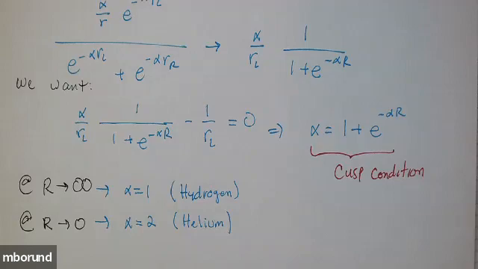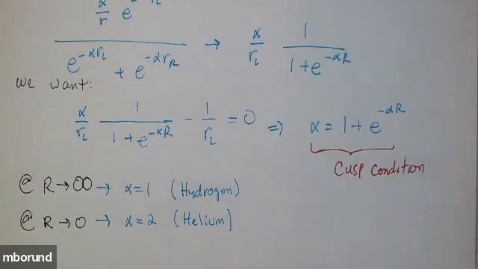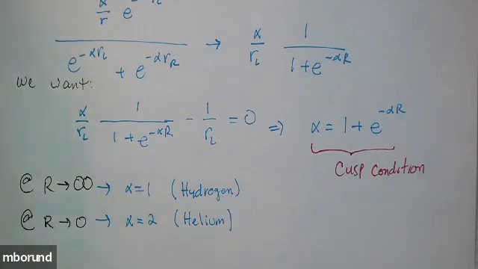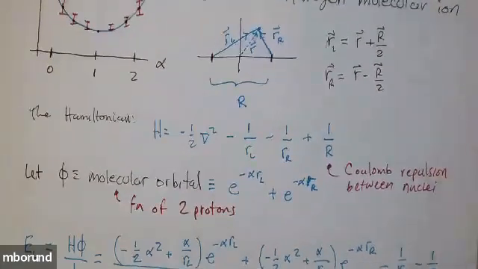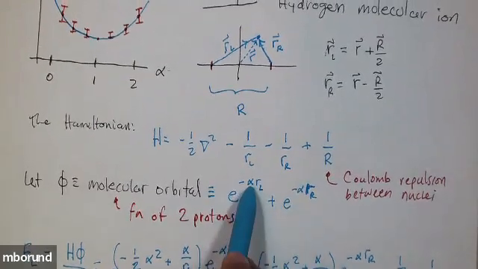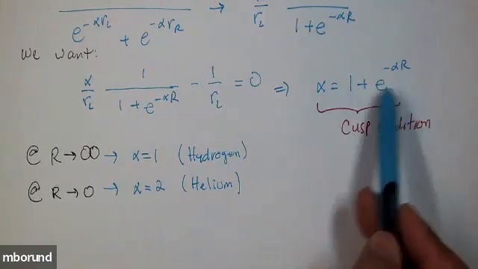So then the question becomes, how does it behave as we go in between? As we go in between, this R is not infinity and it's not 0. And now you have the right value. This trial wave function right here has an alpha parameter on it, and that alpha parameter is given to you by this value.